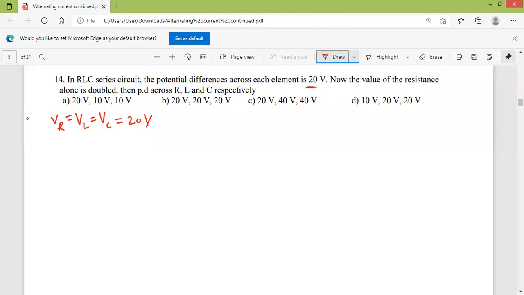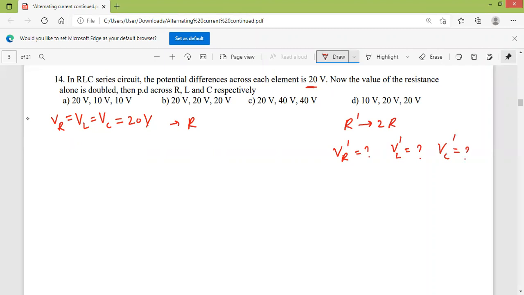When the resistance is R, and R' becomes 2R, the voltage across the resistance is VR', across the inductor is VL', and across the capacitor is VC'.